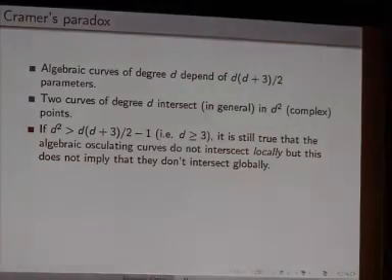If you take two sextics, for example, they intersect in 36 points. But these 36 points are much, much more numerous than the poor 27 parameters necessary to define sextics.